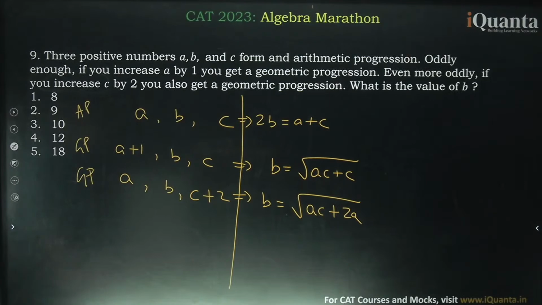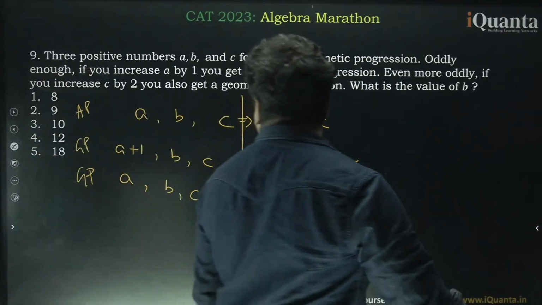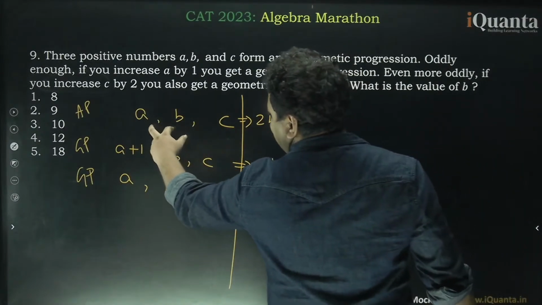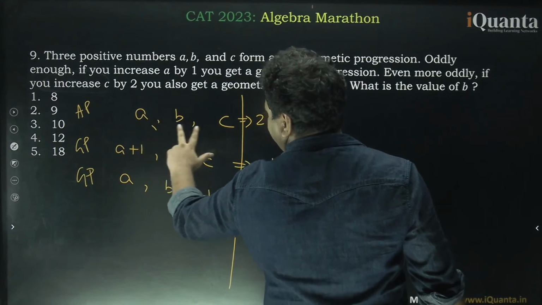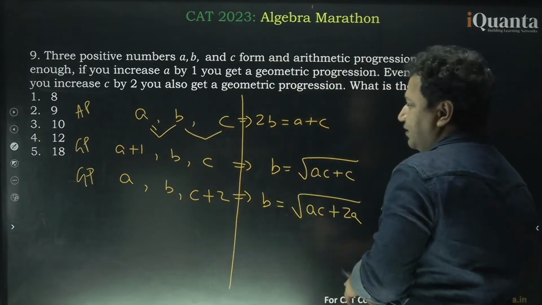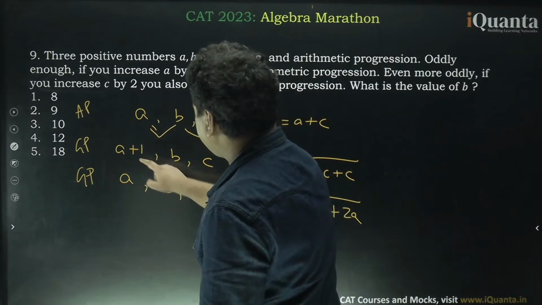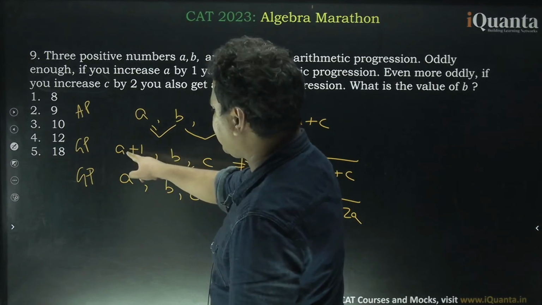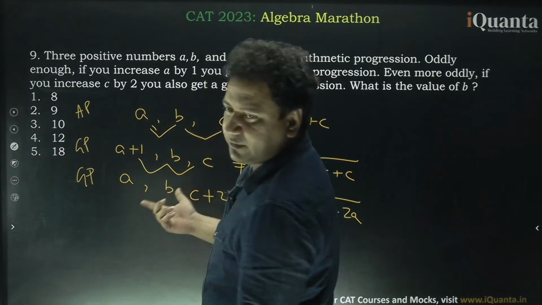Cool. AP and GP concept, of course. See, in AP what happens, there is a common difference between A, B and C. That means whatever the gap is between A and B, the same gap will be between B and C. That is AP. Here, the ratio is common. So B upon A plus 1 will be equal to C upon B in the GP.